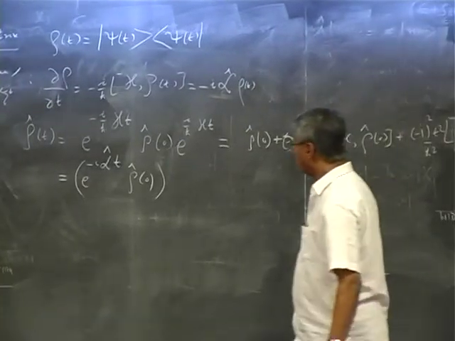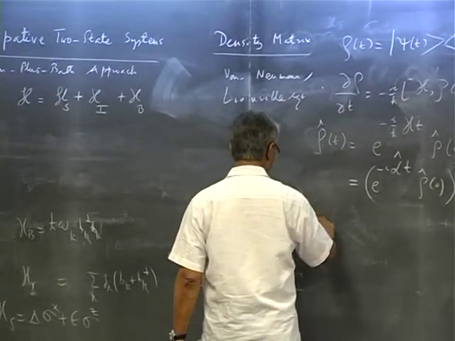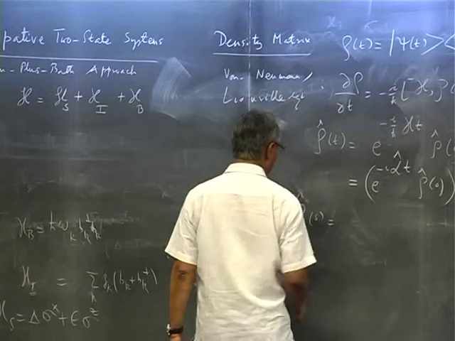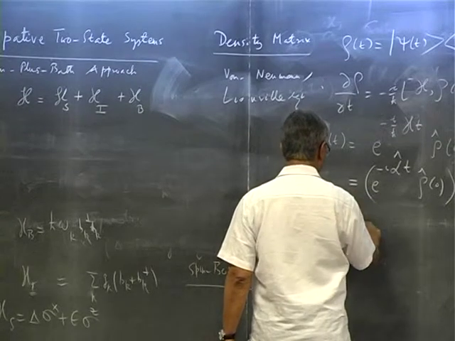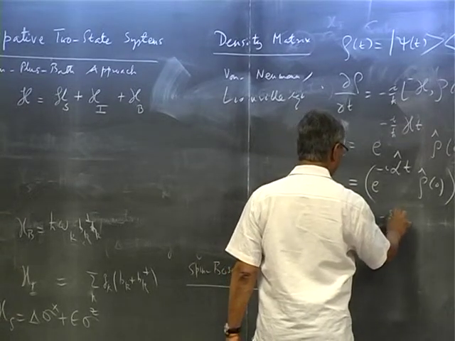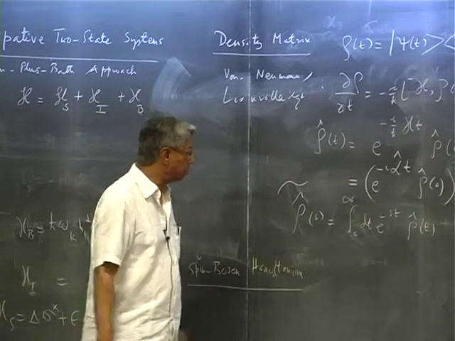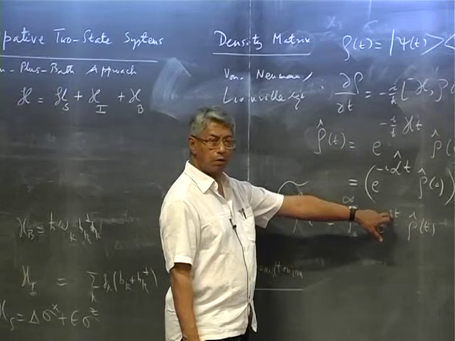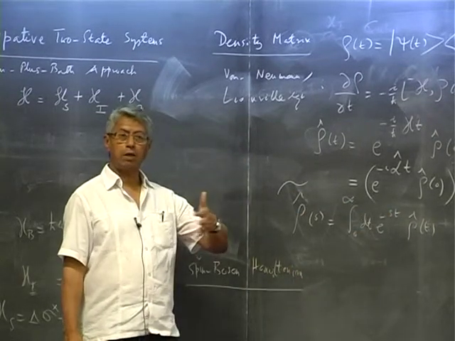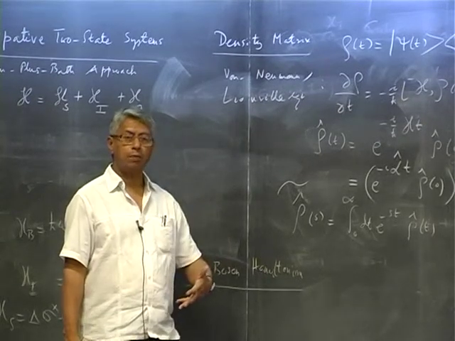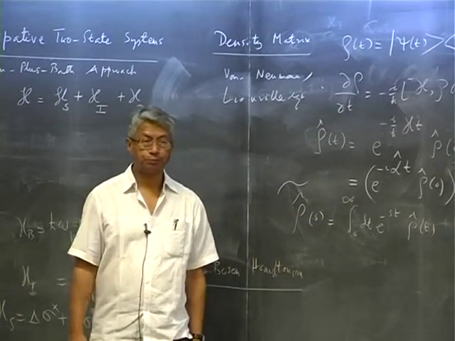And so now I formally introduce the Laplace transform of rho of t, which is rho of s or z, that you can use the notation of, integral 0 to infinity dt e to the minus s t times rho of t. This is a formal definition of the Laplace transform. You have to always, of course, tacitly understand that s has got a purely imaginary part and a real part. And the real part is such that it will make the integral convergent.